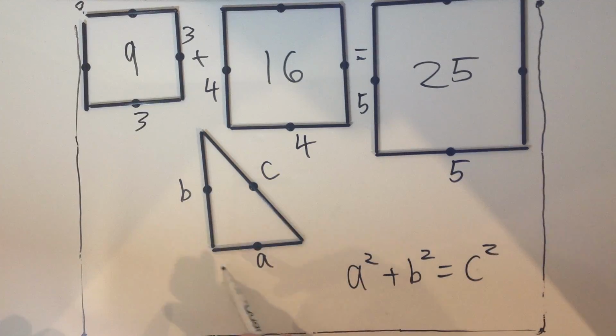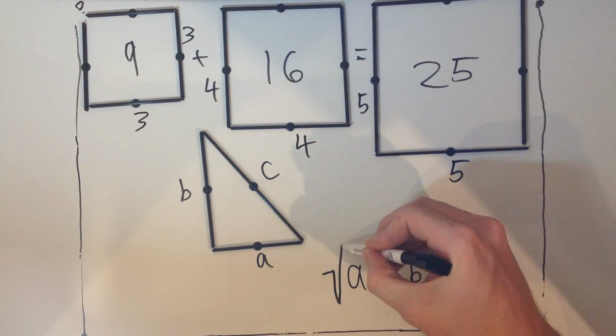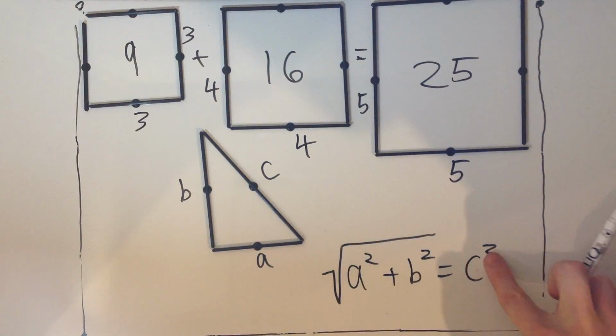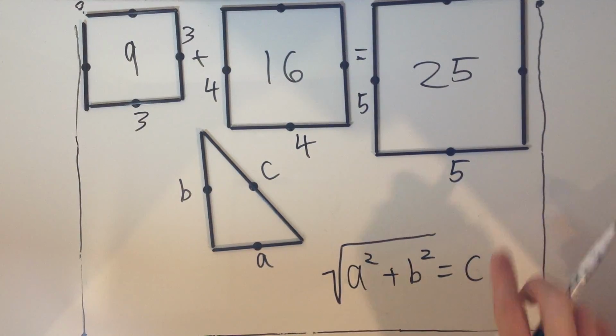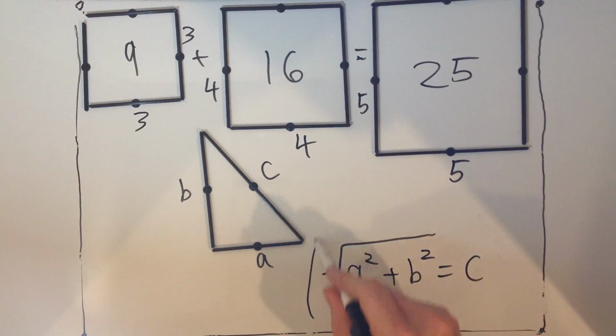Ultimately, we get to our Pythagorean theorem equation, a squared plus b squared equals c squared. And then to get to the distance formula, in our general form, we take the square root of both sides. Taking the square root of this side makes this square go away. And here we have our distance formula in more general terms.